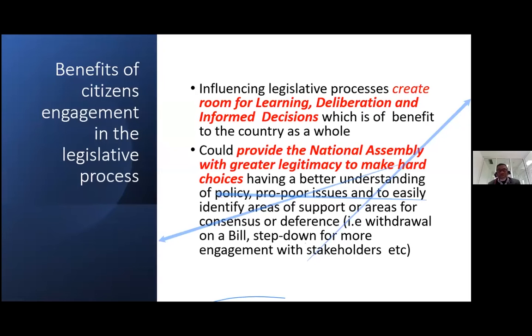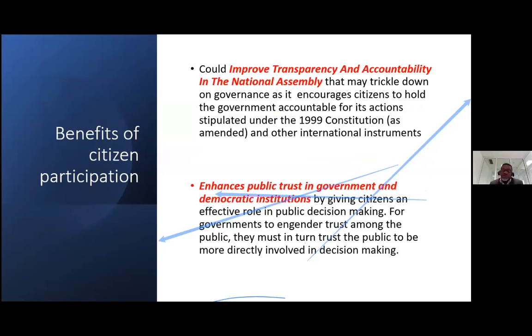Not all decisions that will bring good governance are popular. Not all decisions that will drive pro-poor issues are popular. Not all decisions that will guarantee us security are popular. But if a decision is made via proper citizens' engagement, then such decisions have the legitimacy to proceed.